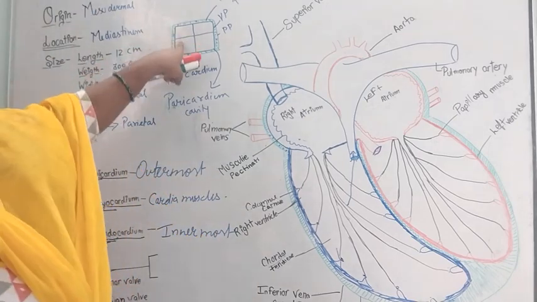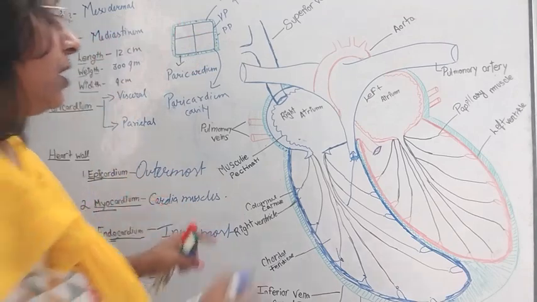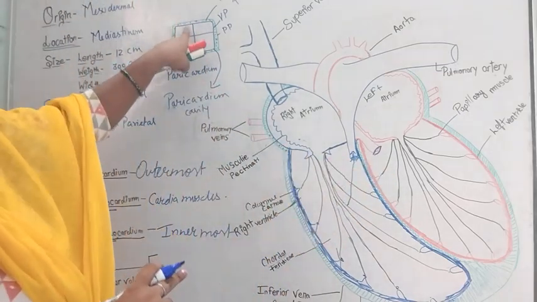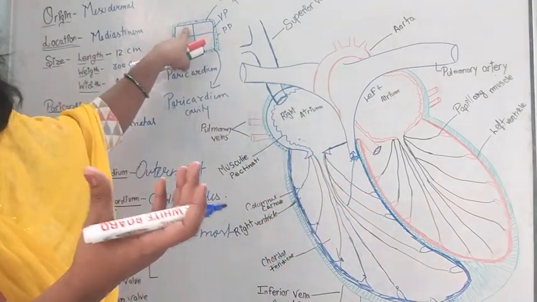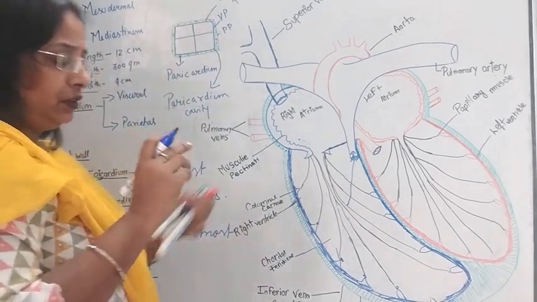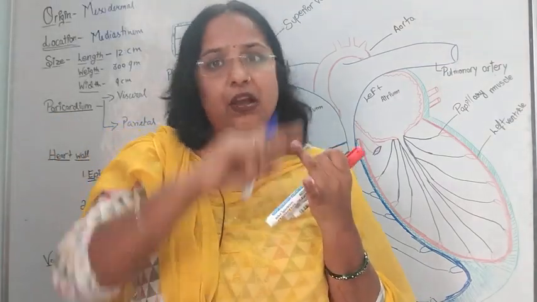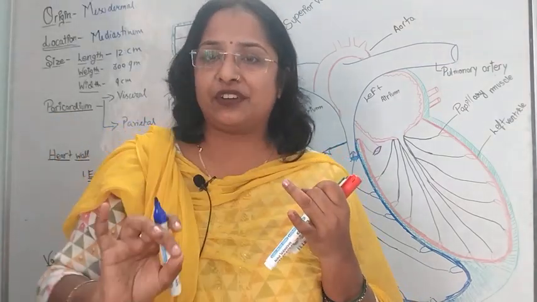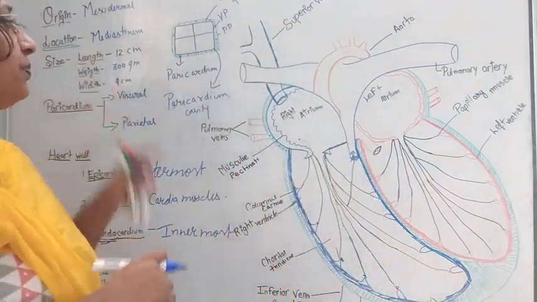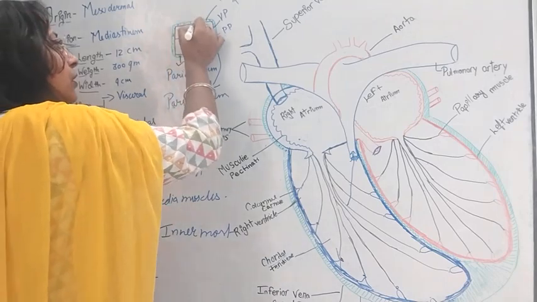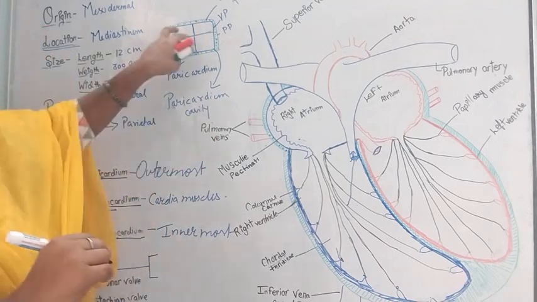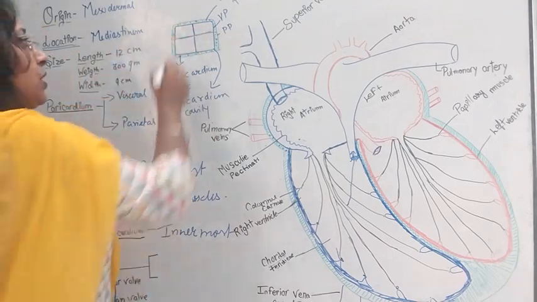Now students, come to this structure. We will come to this structure later on, and please try to understand this heart structure in a simple form. The heart has a pericardium, the outermost protective covering, and after that the heart wall, which I already told you about. The heart is divided into four chambers, uppermost and lowermost.